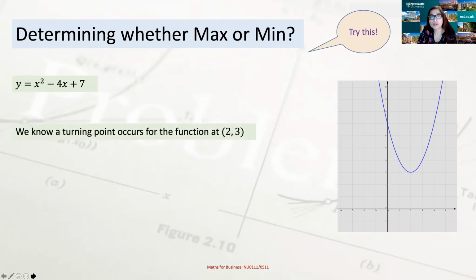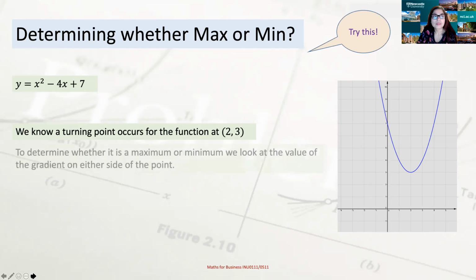We know a turning point occurs for the function at (2, 3). To determine whether it is a maximum or minimum, we look at the value of the gradient on either side of the point. So try this out. Pause the video and please try this. Good. First find the first derivative.